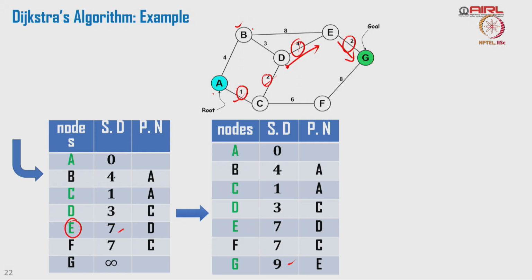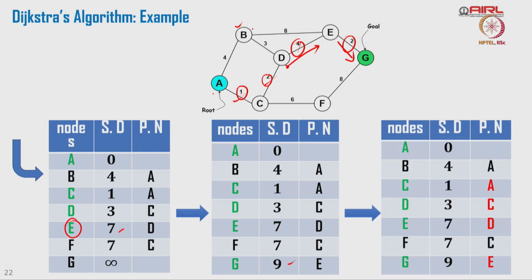So, the final shortest path is going to be A, C, D, E, G. First from A it will come to C, then it will come to D, then E, then G. This is the shortest path.